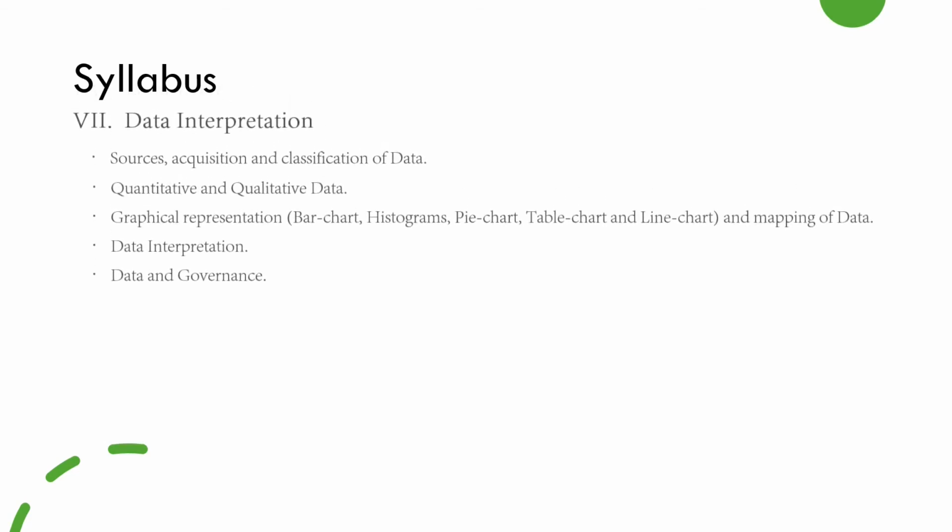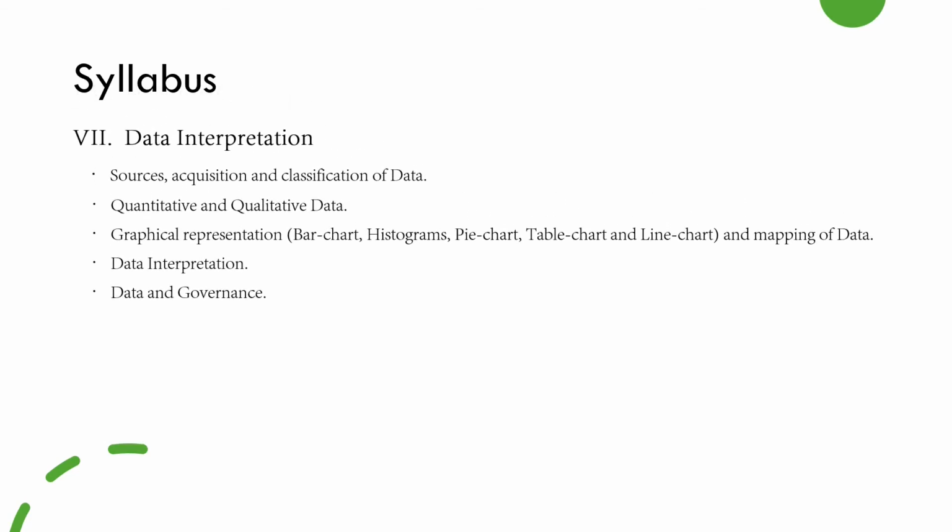Number 7. Data interpretation. Sources and acquisition and classification of data, quantitative and qualitative data, graphical representation, bar chart, histograms, pie chart, table chart, and line chart, and mapping of data, data interpretation, data and governance.